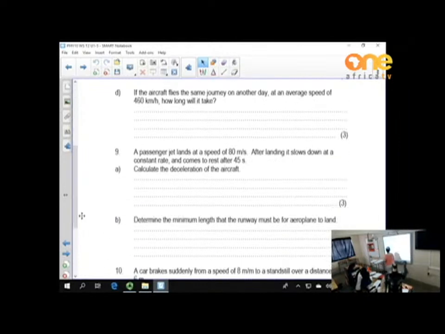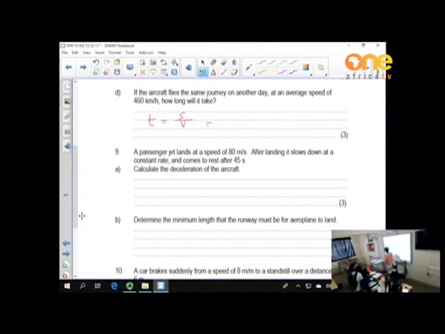Okay, if the aircraft flies the same journey on another day at an average speed of 460 kilometers per hour, how long will it take? Now, time is going to be, what's the formula? Is it distance divided by speed? Distance divided by speed.